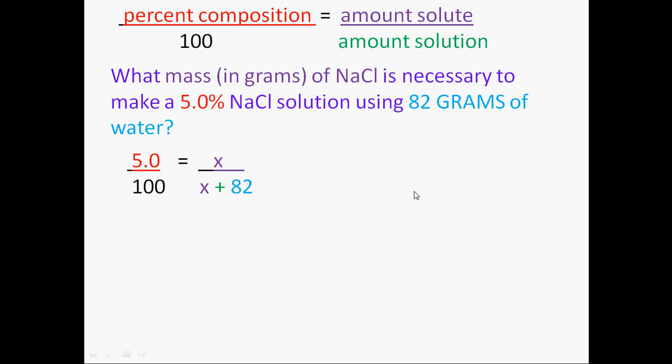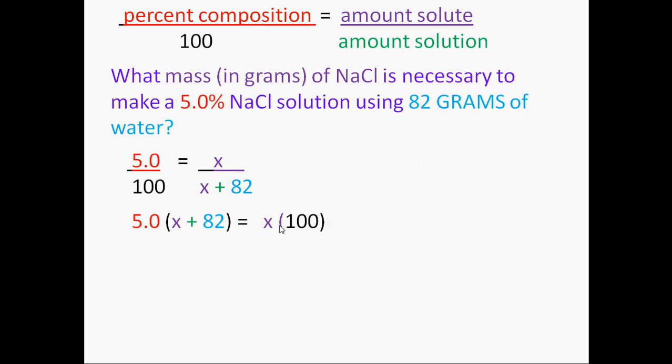Now again, I'm going to cross multiply this because right now it's icky, it's got fractions, I don't like that. This times this is equal to this times this. I'm going to multiply that through. 5 times parentheses x plus 82 is equal to x times 100.